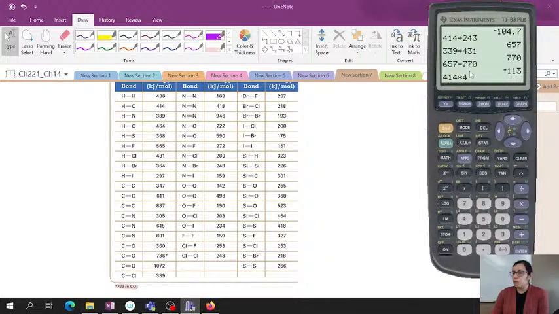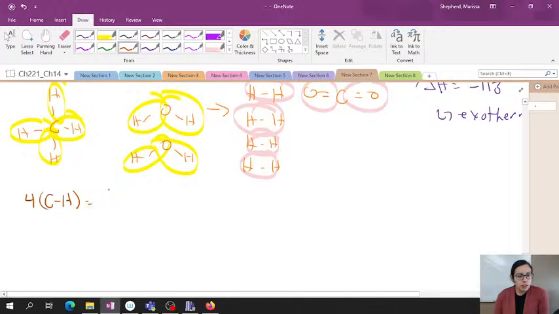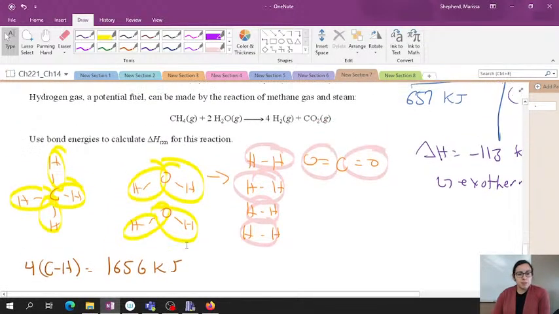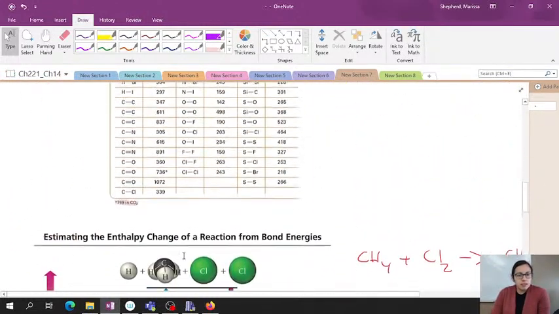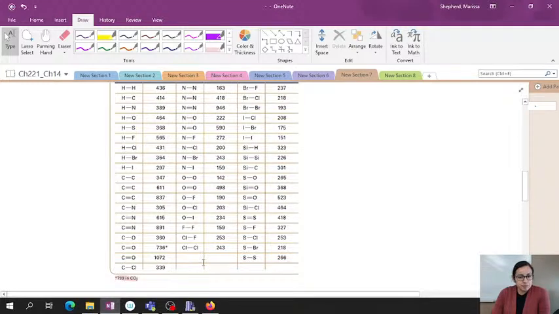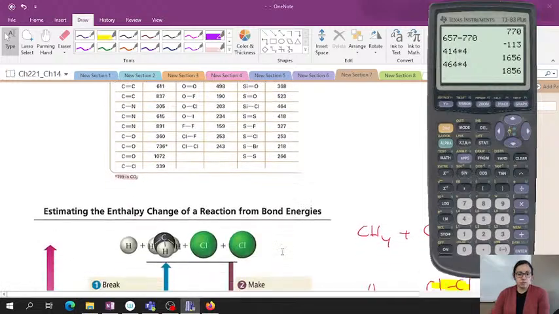I'm going to multiply it by 4 because we broke 4 of them. So that's 1656 so far. And then we had to break 4 OH bonds. They're all single bonds. So OH is 464, and 464 times 4 is 1856.